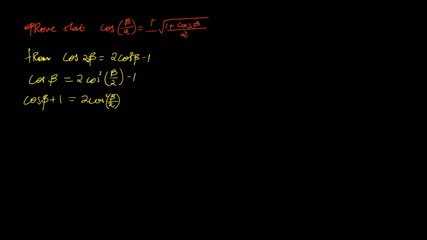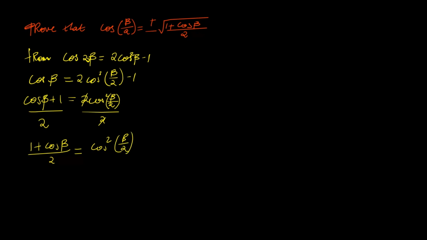Thereafter, we divide both sides by 2. You are going to have 1 plus cos beta, divided by 2, is equal to, remember these two will divide each other, we remain with cos squared of beta divided by 2.